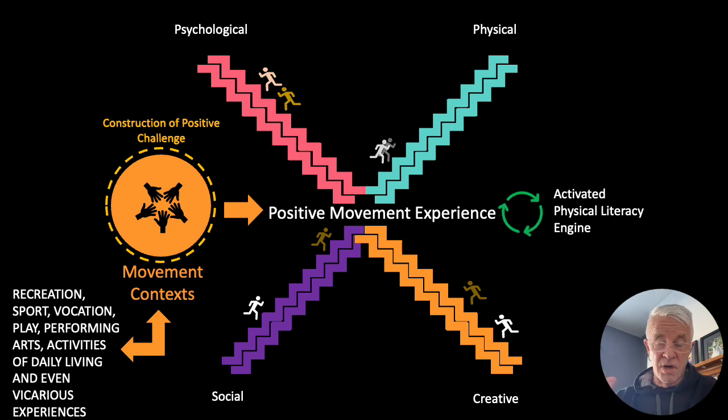It is your decision making that counts here. And that means a person gets a sense of ownership in the movement. That's the creative angle. And so think about all four of these domains of physical literacy and using them to your advantage to help people get motivated to move for the right reasons.